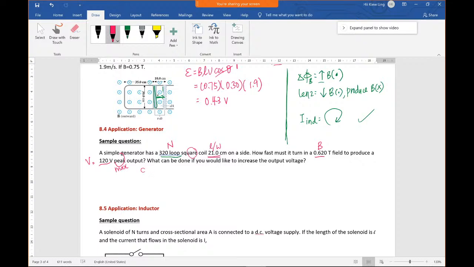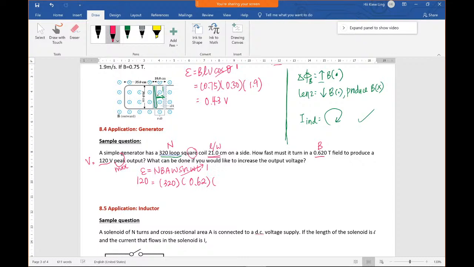So from your generator equation, N B A omega sine omega t, if it is maximum 120, which means your sine omega t is equal to 1. N is 320, B is 0.62.